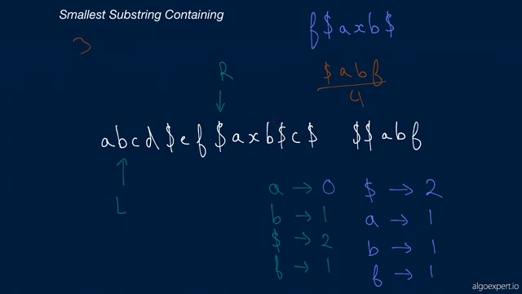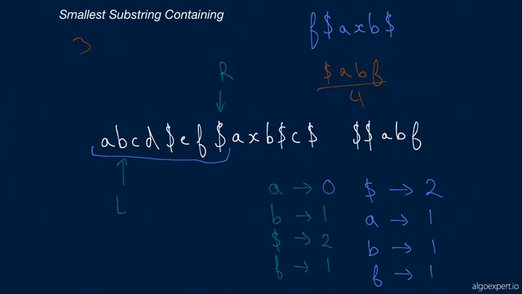Now, the key thing we should have done before is we should have kept track of this string. We should have kept track of this substring, starting at A and ending at this $sign, because this substring, when the L pointer was pointing to A, did have all of our characters. So we want to keep track of that substring because it might be the final substring that we have to return.